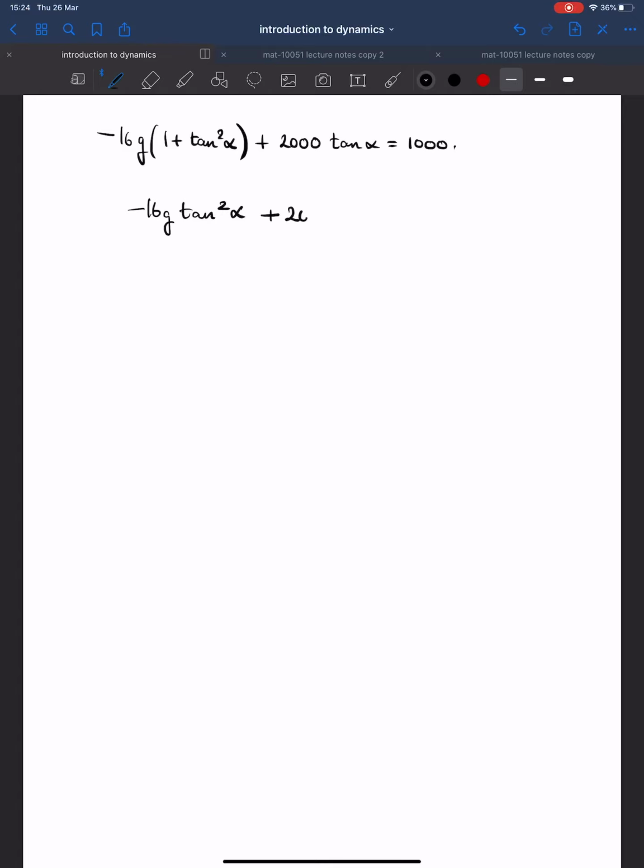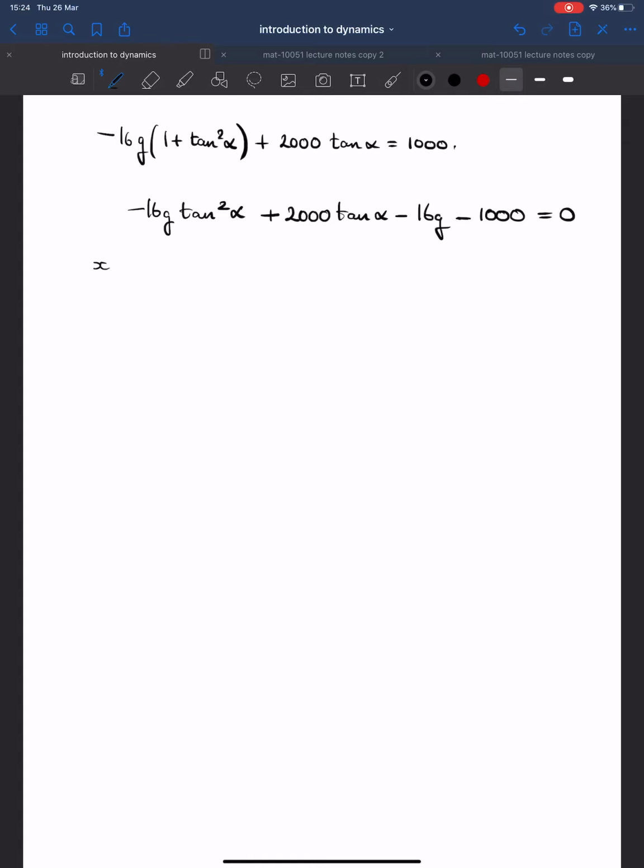Then the next term is this. Now I'm deliberately choosing the structure of the equation for this. Okay, so I've subtracted 1000 from both sides, and now what I have is the following.